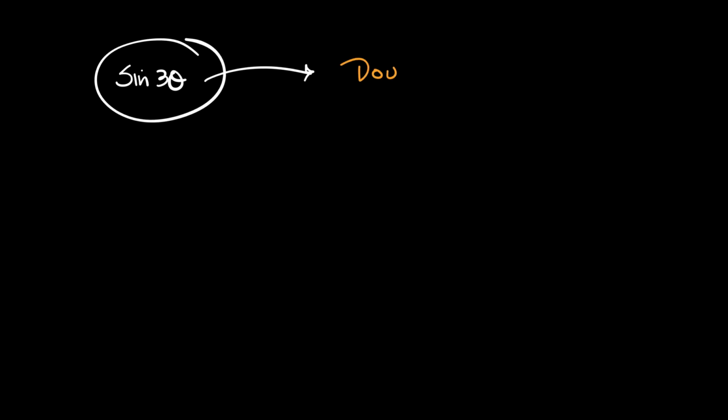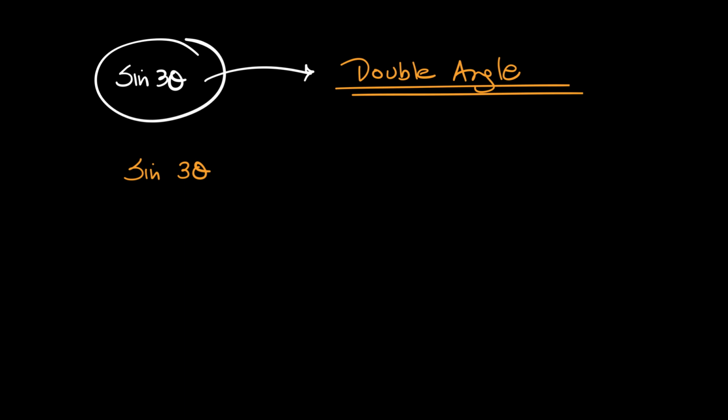And last but not the least, we are interested in evaluating sine of 3 theta. Now the question is, do we use a double angle formula for evaluating sine of 3 theta? There is no harm in trying it out. Sine of 3 theta is 2 sine 3/2 theta cosine 3/2 theta.